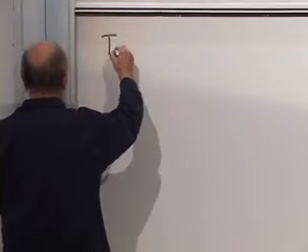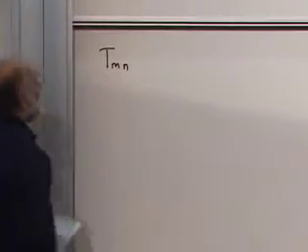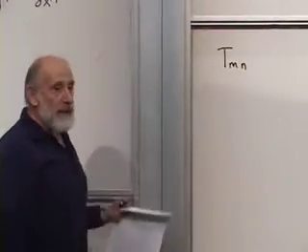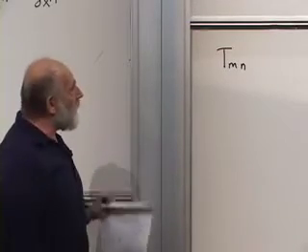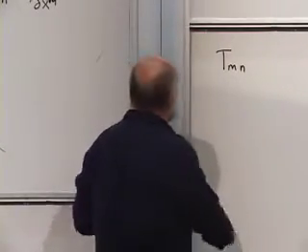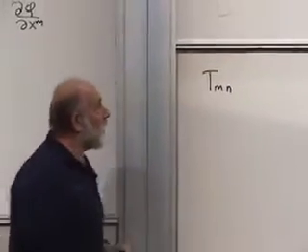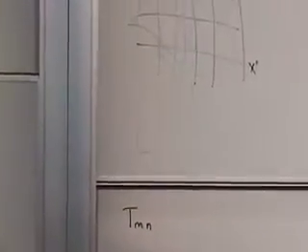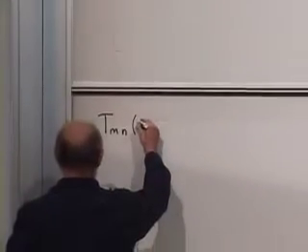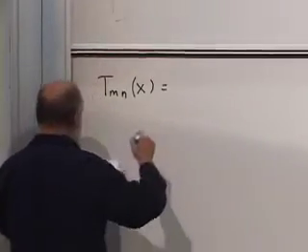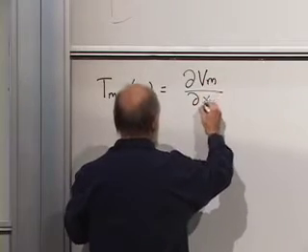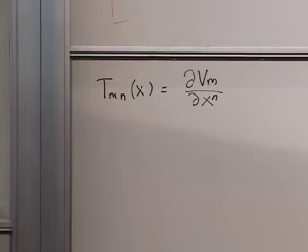Let's write Tmn. This is intended to be a tensor in the x-coordinate frame. Supposing there exists some tensor whose components in the x-coordinates, and by x-coordinates I mean, again, rectangular Cartesian coordinates, let's suppose that there is some tensor, Tmn of x, which is equal to the derivative of some vector with respect to x in the x-coordinate system.